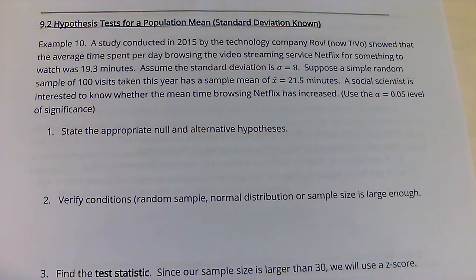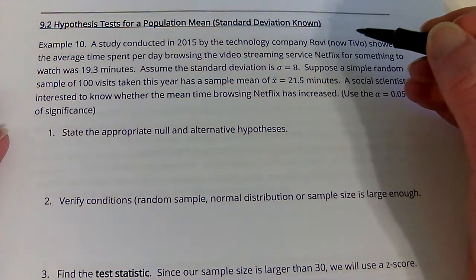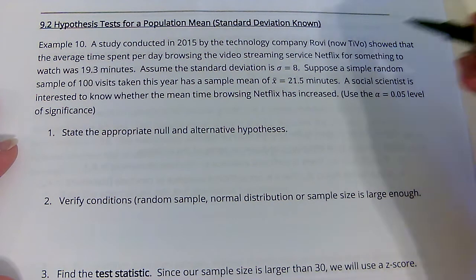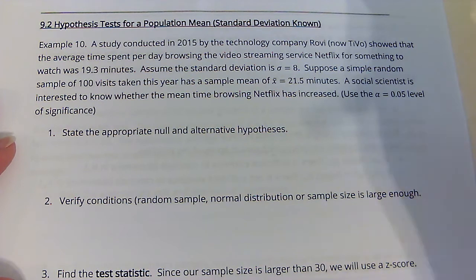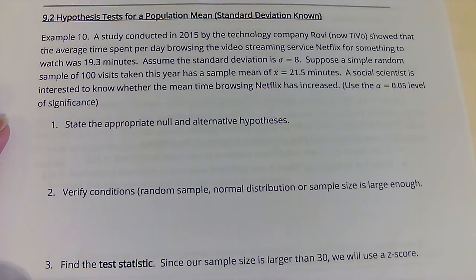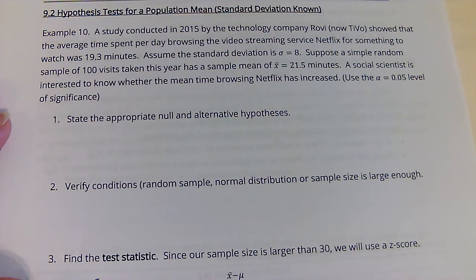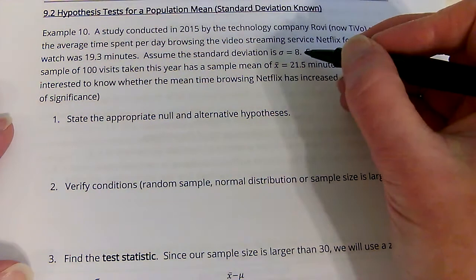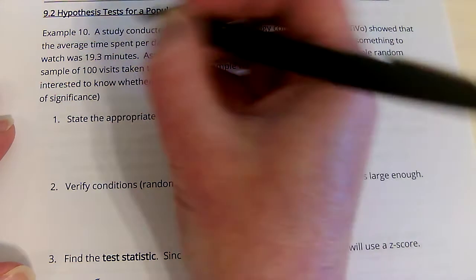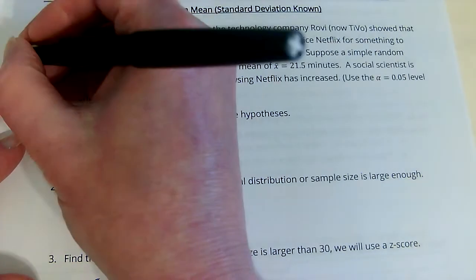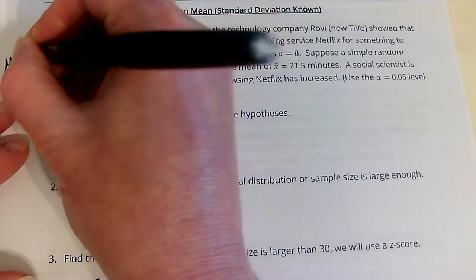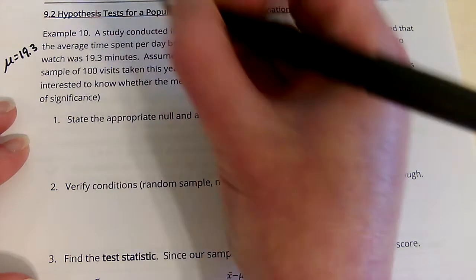Okay, so a study conducted in 2015 by a technology company, Rovi, now TiVo, showed that the average time spent per day browsing the video streaming service Netflix for something to watch was 19.3 minutes. Assume the standard deviation is 8. So this is a known value because they've studied the population.